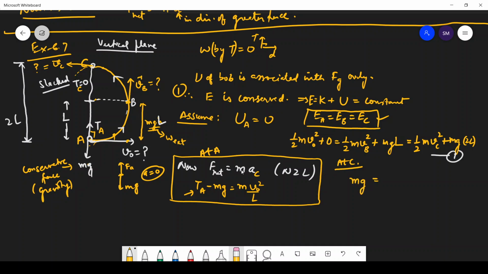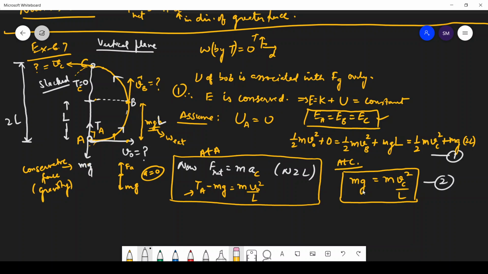So the net force we have is only one force, that is mg. And that's equals to MAC. So that is m, and what is the velocity at C? So v square by L. So this is at C. So this is equation number 2. Here I don't have tension force.